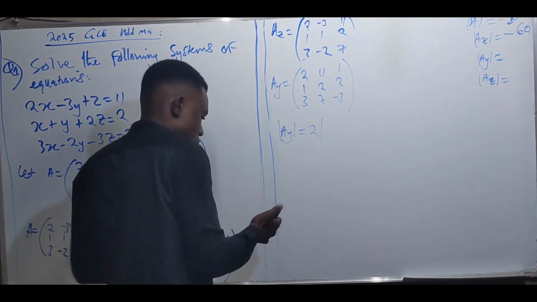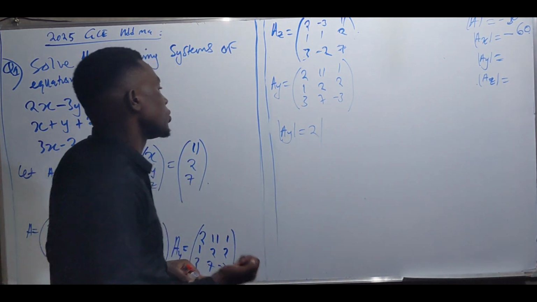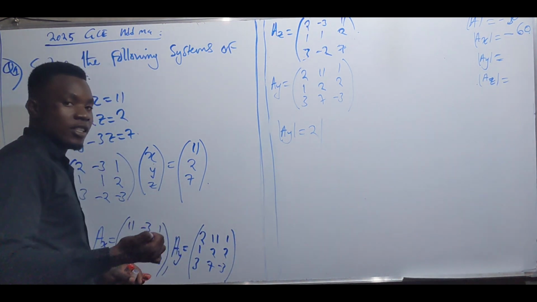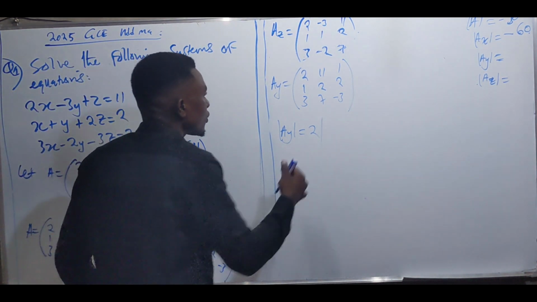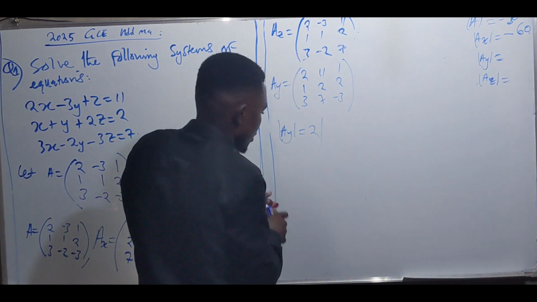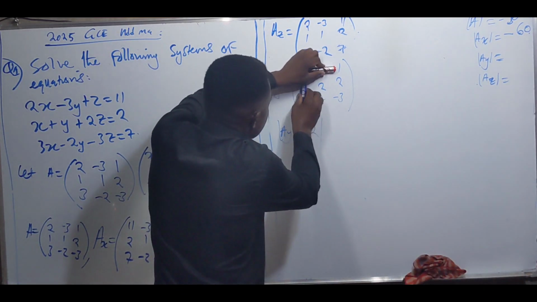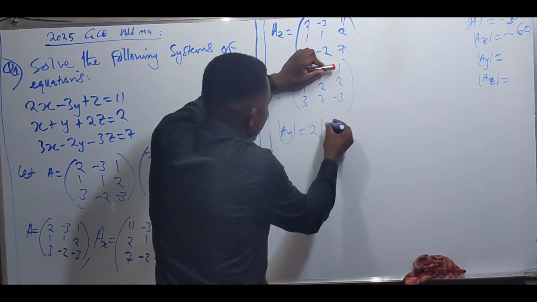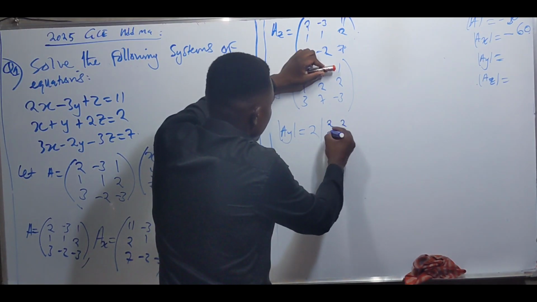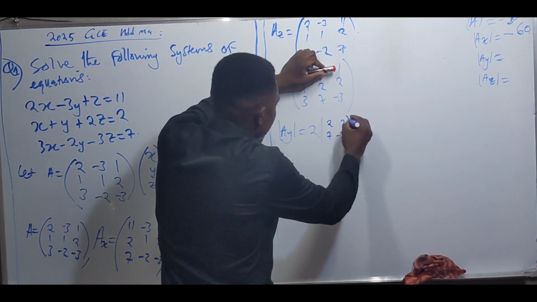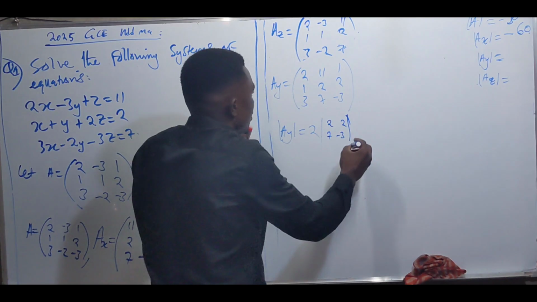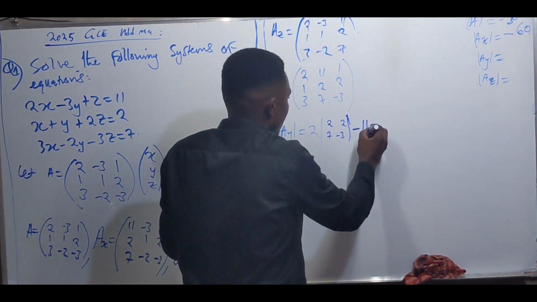By now we should all know what is happening. If I delete this as well as that, what am I going to remain with? 2, 2, 7, and -3. The second one is a negative, the second element.